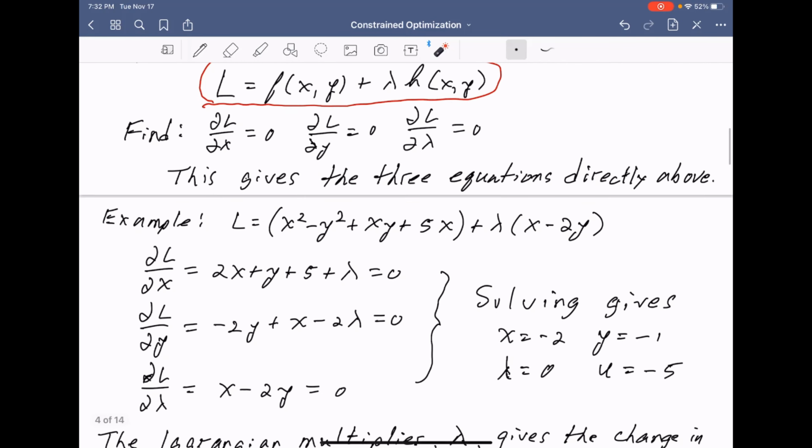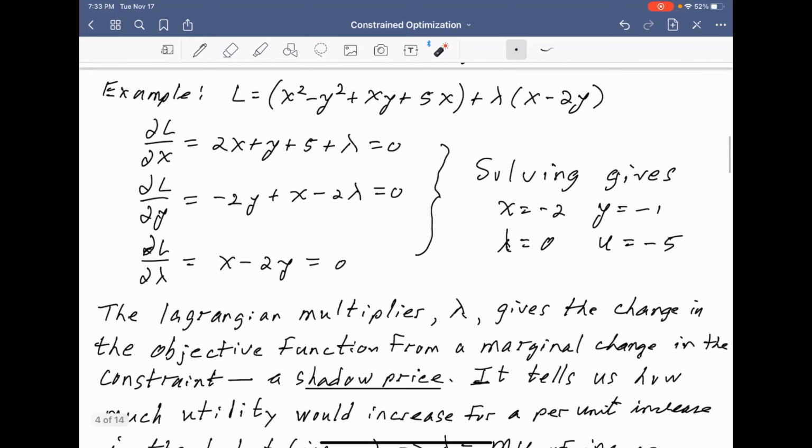So we find the first derivatives. The partial of L with respect to x: we get 2x plus y plus 5 plus lambda equals 0. With respect to y, it's minus 2y plus x minus 2 lambda equals 0. And the partial with respect to lambda returns the constraint again.